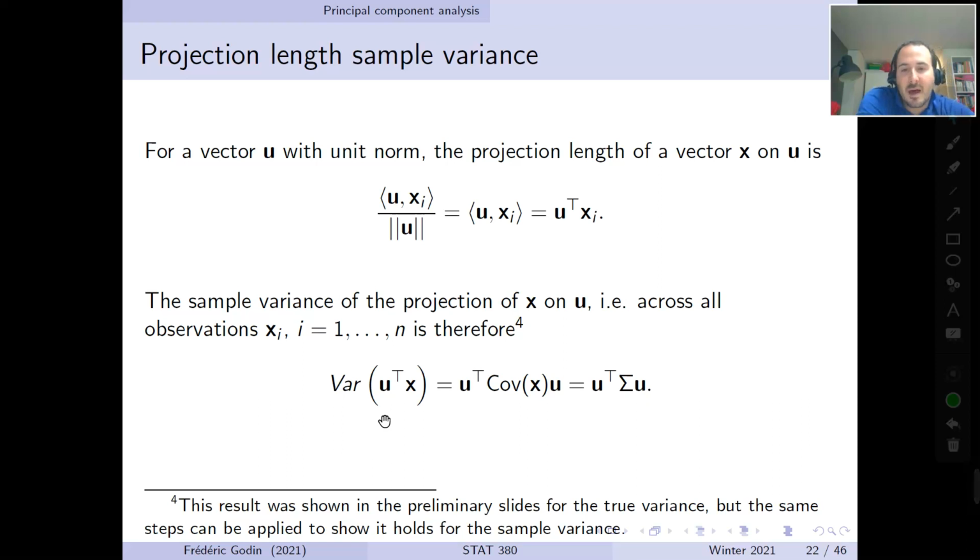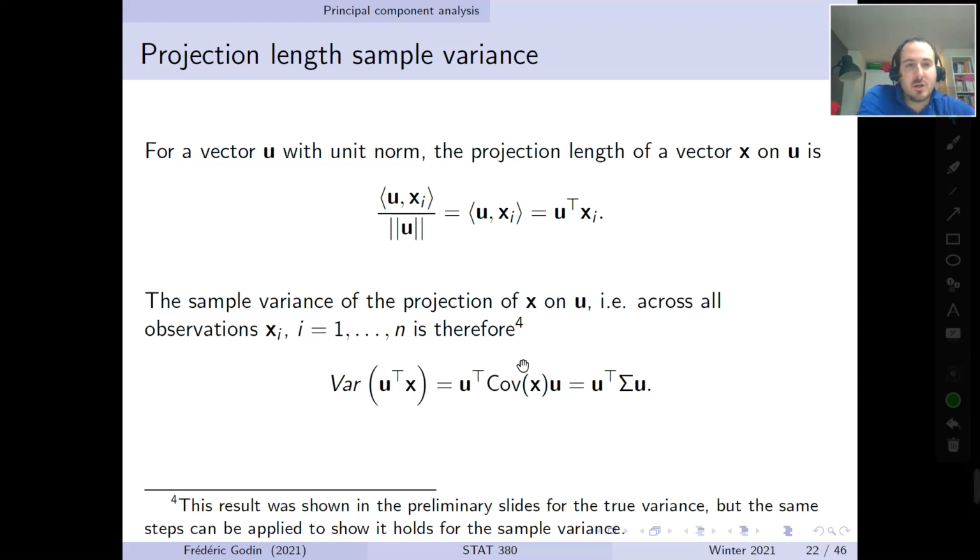So if we do that, then the variance of the projection of the various xi's on u can be expressed as the variance of this product u transpose x. And as we've seen earlier, for a fixed u, this variance can be expressed as u transpose covariance of x times u, since the transpose of u transpose is simply u. This is a rule we've seen in the preliminary slides.